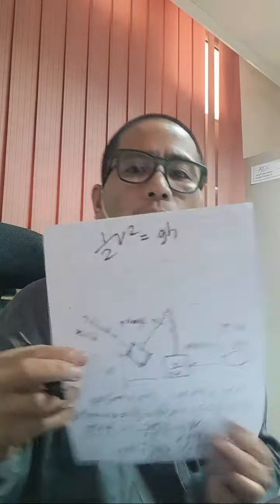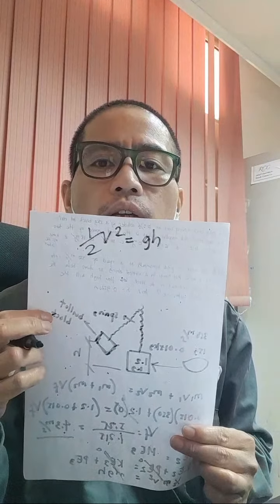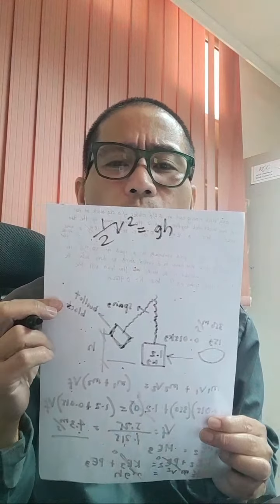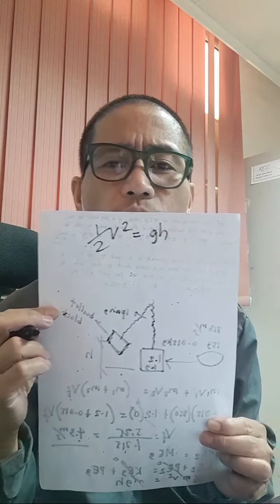Cancel m. So what would remain is 1/2 v squared equals gh, because the mass cancelled in the equations derived.